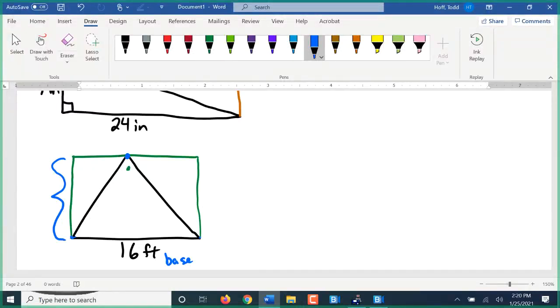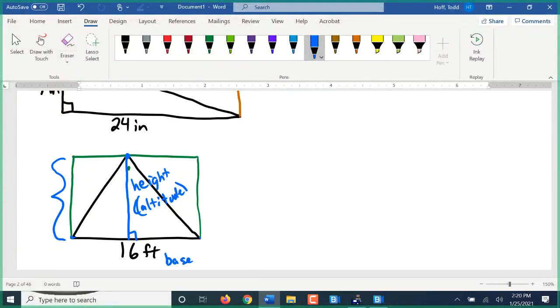Well, the distance from that far corner back to the base is called the height or the altitude of the triangle. That is altitude. I also suck at spelling, but that's okay. That's the width of that related rectangle.